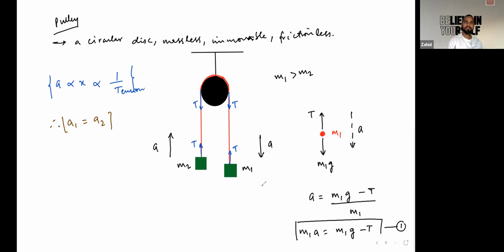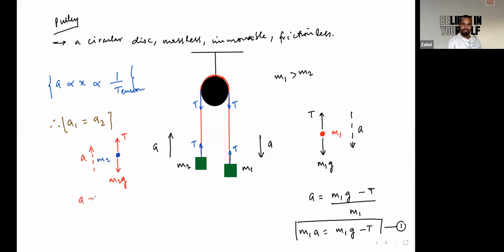Now, similarly, find it for this M2, which is experiencing a force due to gravity in the downward direction and tension in the upward direction, and this block is going up with some acceleration A. So in the direction of acceleration, the force would be larger.